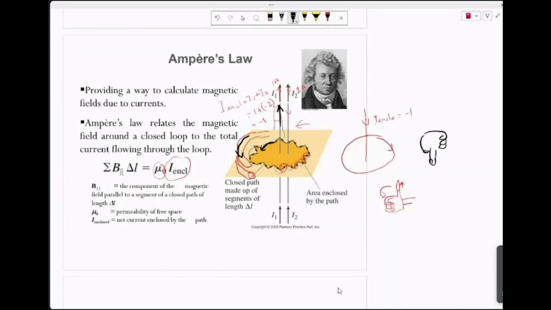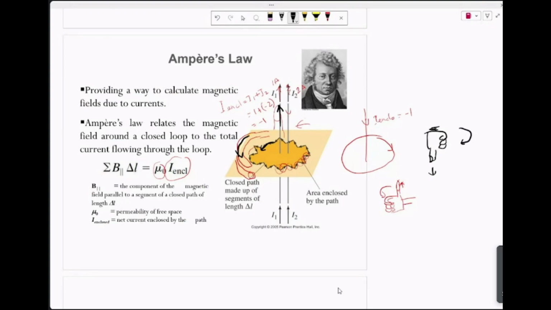This is the downside of your hand. This is too much. I think it should be somewhere only here. The finger is too long. Okay. So what you're seeing here, the thumb points downward, and the other fingers will point in this direction. So it's consistent with the direction of the current and the magnetic field.